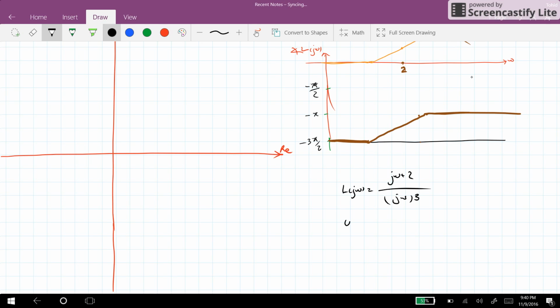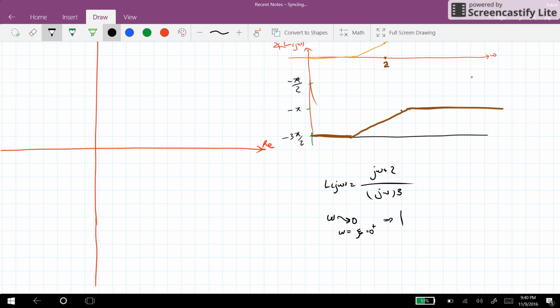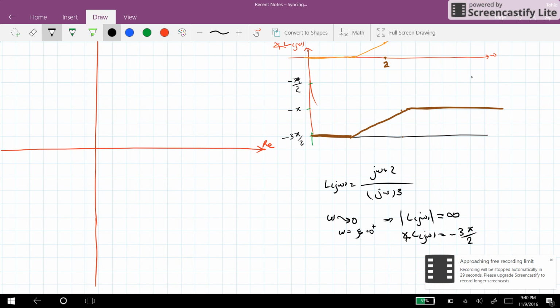We see that as omega goes towards 0, or we can say omega equal to epsilon, which is indeed 0 plus, in terms of amplitude, we will have infinity. And in terms of phase, we will have minus 3 pi over 2, and that's obvious from here.